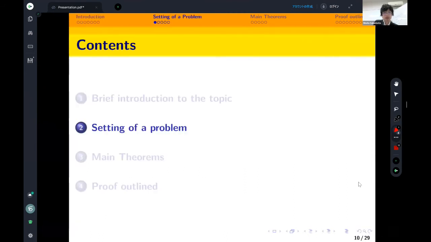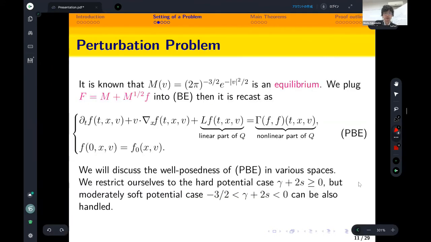Right, let's go to the setting of the problem. What we actually consider today is a perturbation problem, and it is known that this function is an equilibrium. I don't show the proof today, but it's not so difficult to show that this is an equilibrium, and this is called Maxwellian.